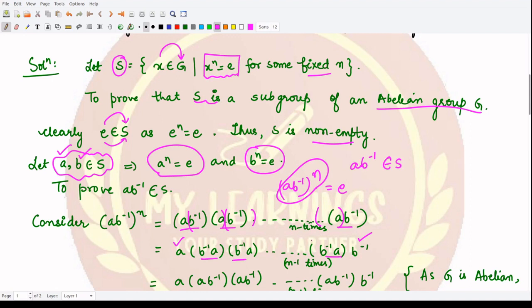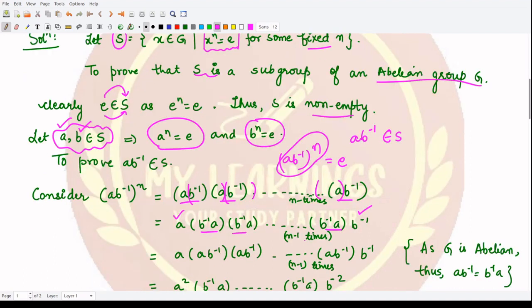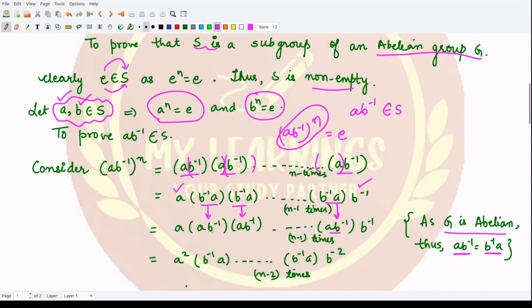Because G is abelian, you can write B inverse A as AB inverse. Writing B inverse A as AB inverse n minus 1 times, you obtain A squared at the start and B raised to power minus 2 at the end.